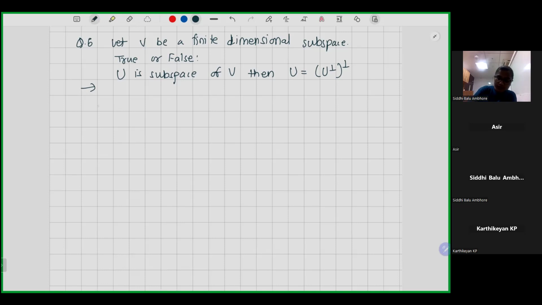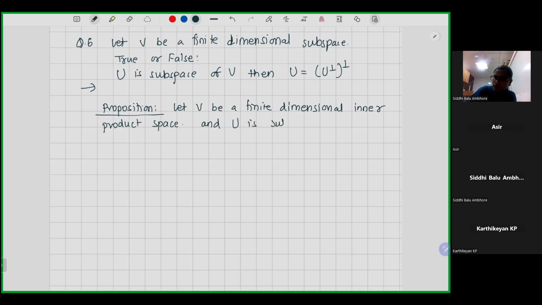Okay, so let me just start with this. Let V be a finite dimensional inner product space, and U a subspace of V. This is a proposition proved in the lecture.